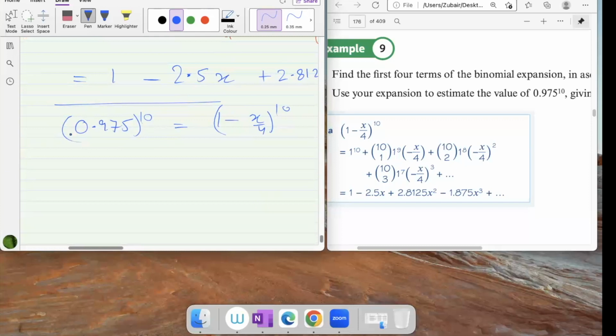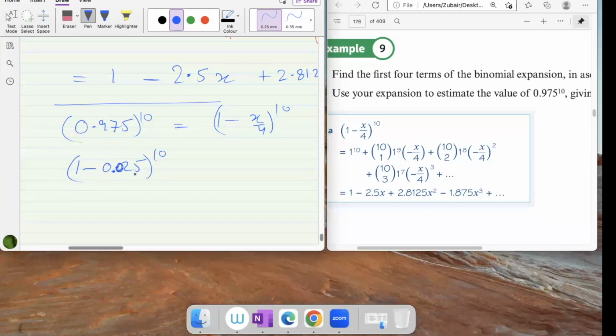When we subtract these two, I get 1 by 40. So if I write this is 1 minus 0.025. Any doubt in this step?